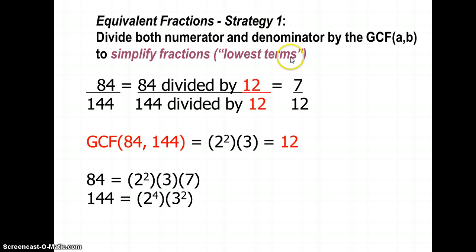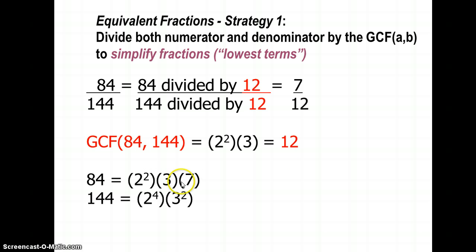This is what I was just talking about. You can use basically a strategy, which is to find the greatest common factor. So if I want to simplify or put this fraction in the lowest terms, 84 over 144, I could find the greatest common factor of those two, which is 12.